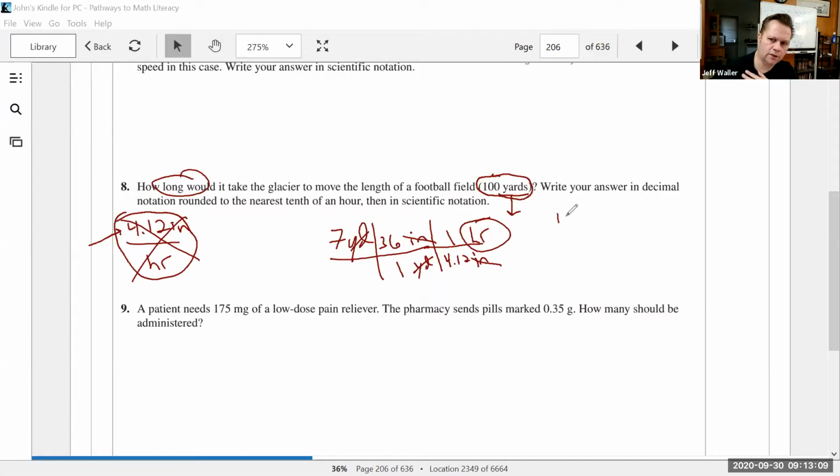You start with 100 yards, you convert yards to inches, and then you convert inches to hours with what you know from number 6. All right. Yesterday I talked about distance equals rate times time, and it would tell you to take distance divided by rate, which is exactly what we end up doing here anyway, right? So it's actually more just converting instead of knowing a formula.